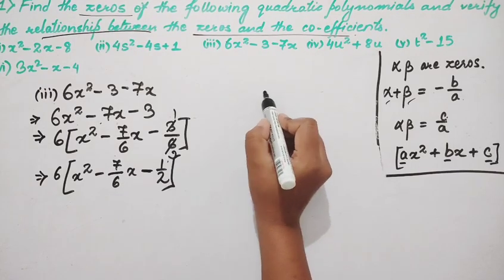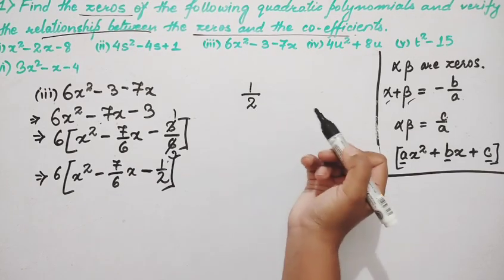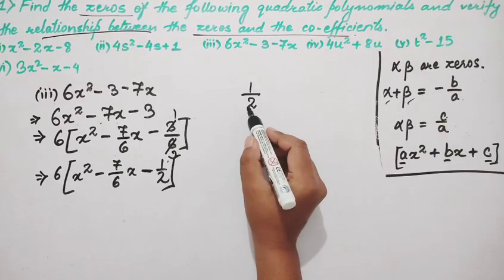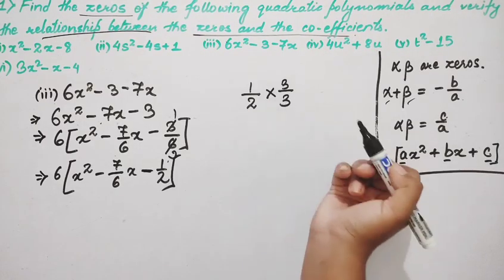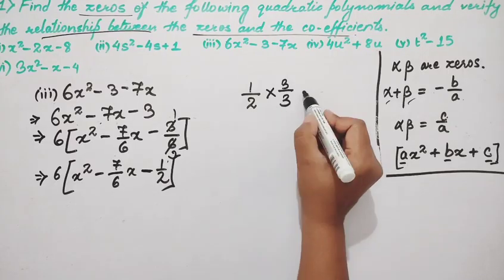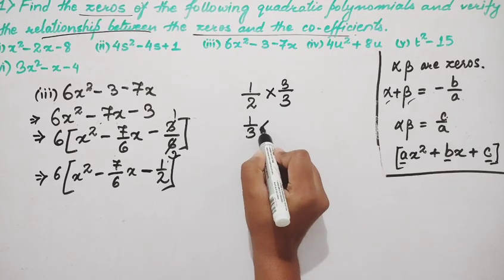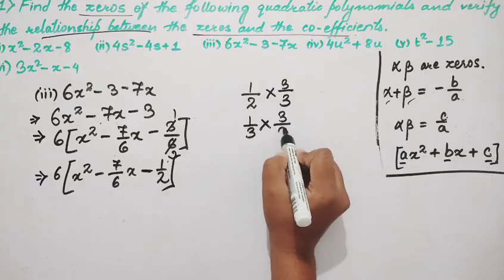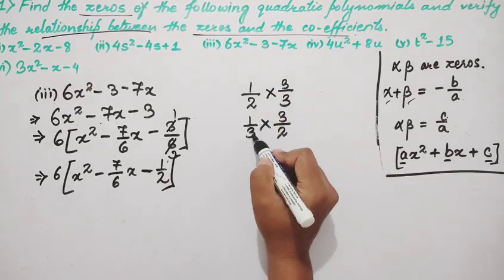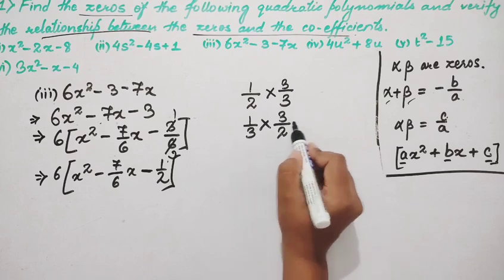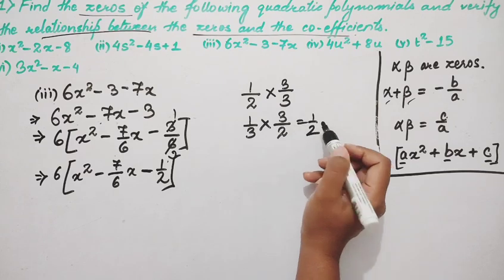Now we need numbers which, when multiplied, will lead to half. That means we can write it in the form 1 by 3 into 3 by 2. This is just trial and error. Okay, when we cancel out this 3, we will get half.